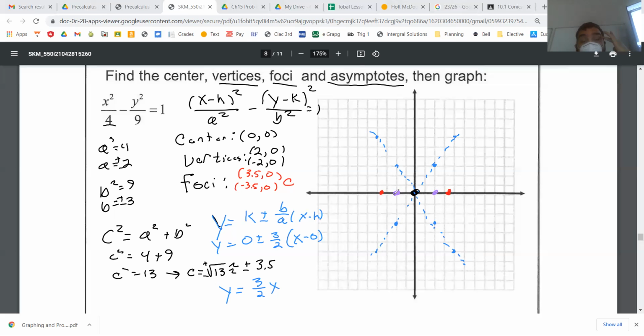Remember, the purple is our actual vertices. The foci are inside the hyperbola. So you make your U shape go along the asymptote. Of course, you could do much better than me and make it smoother, but basically that's how you graph it.